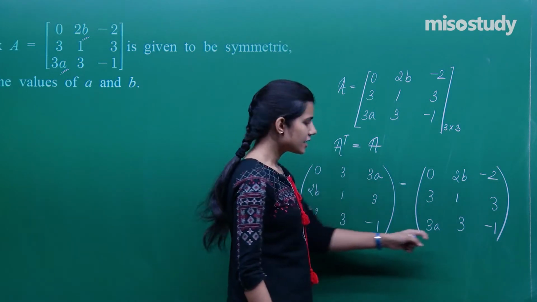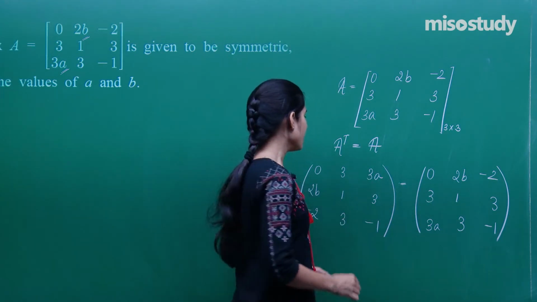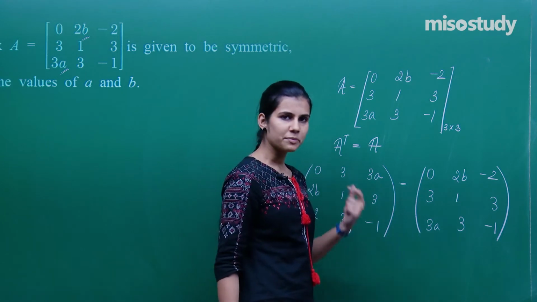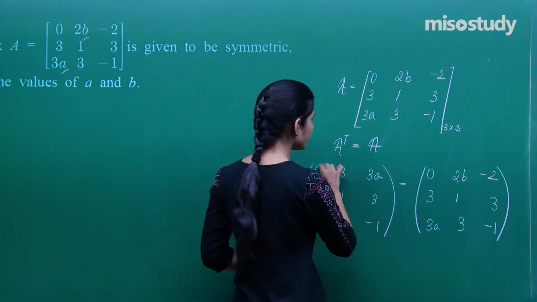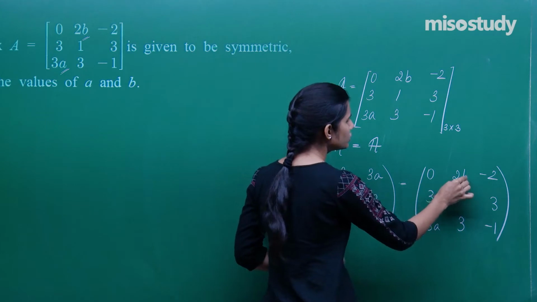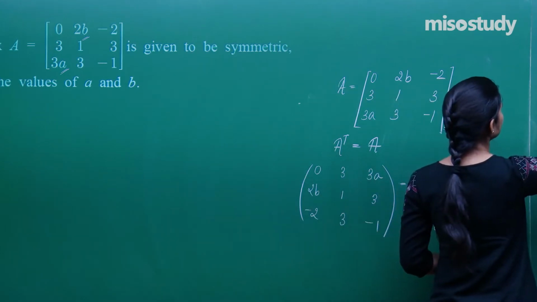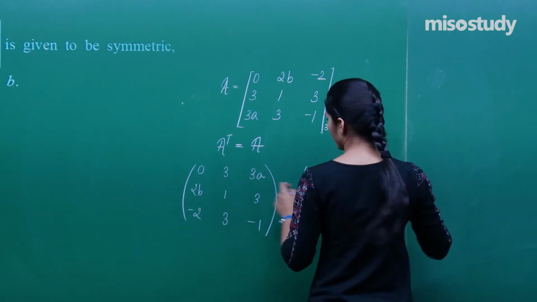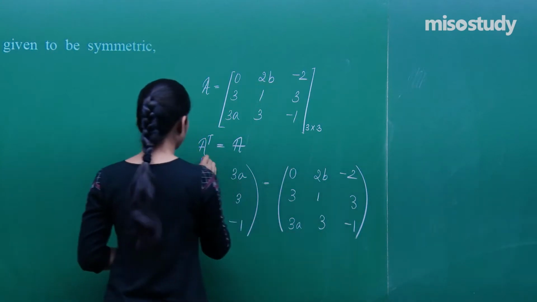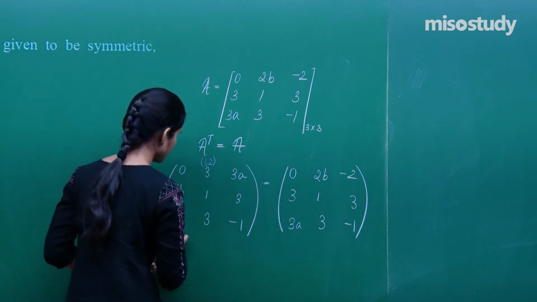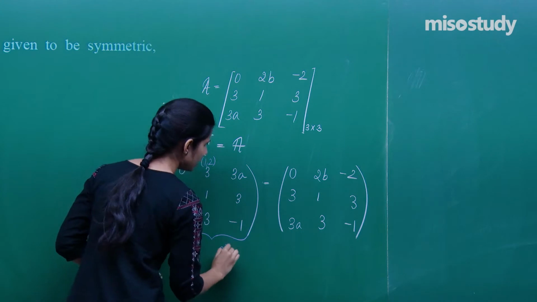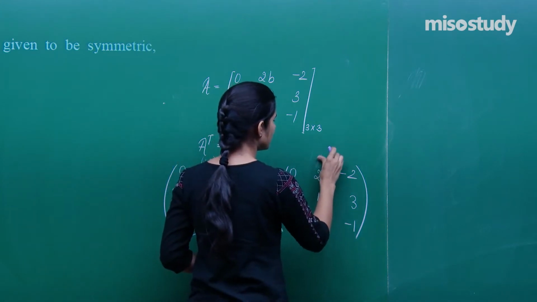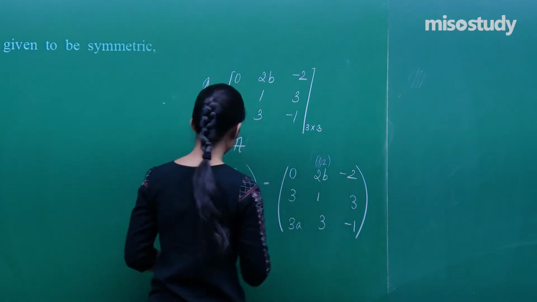So this is A transpose, this is A. Whenever two matrices of same order are equal, that means their corresponding entries are equal. So 0 is equal to 0, 3 is equal to 2b, that is 1/2th element of A transpose, and this is 1/2th element of A.